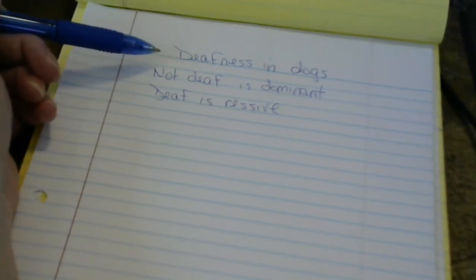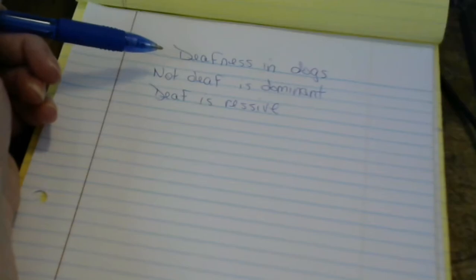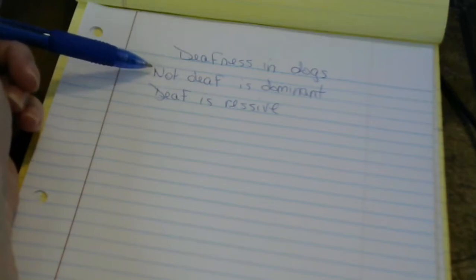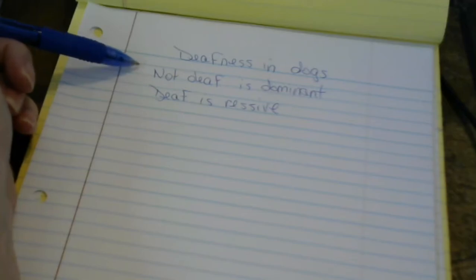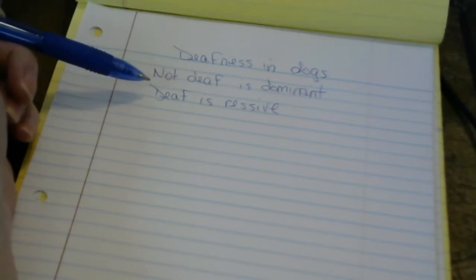And think about it for a minute. You see more dogs that are not deaf than dogs who are deaf. So not being deaf is a dominant trait. Most of the time, dogs are not deaf.